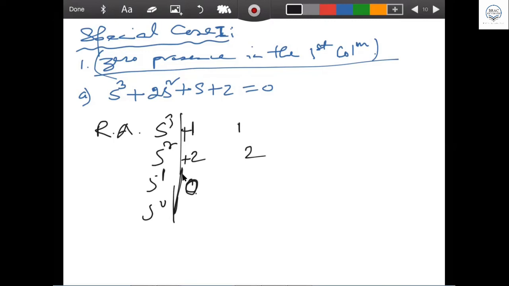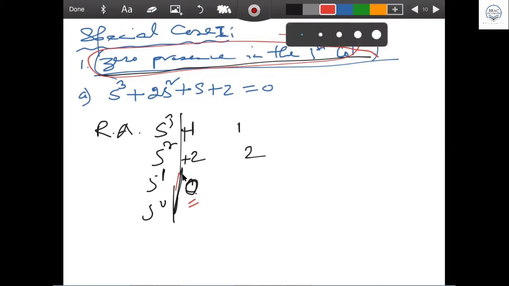Now, towards stability, if you want to find it, when you read this statement, what is written here: if the 0 is present in the first column, then you have to consider some special case. In this special case, you assume 0 as epsilon plus.